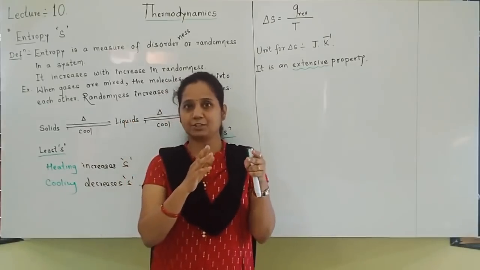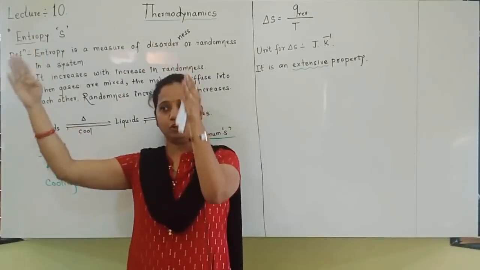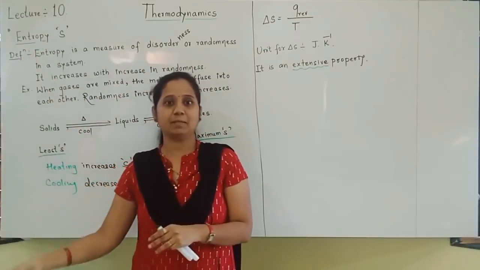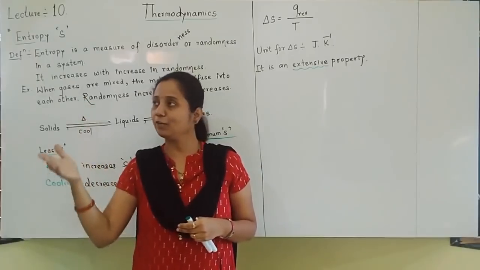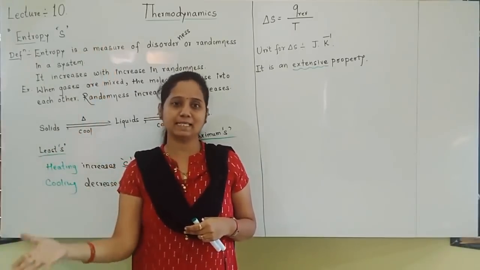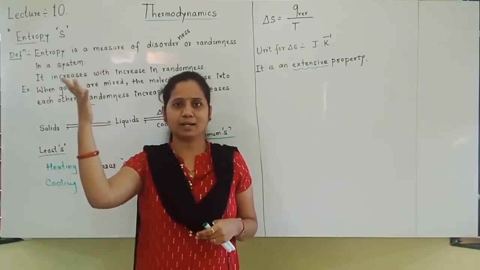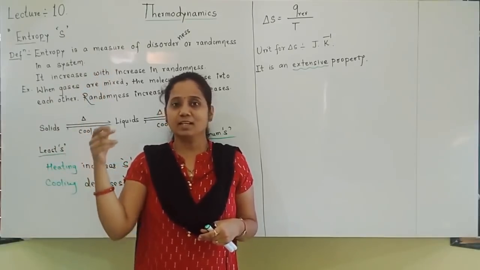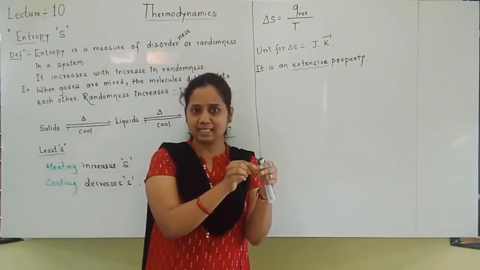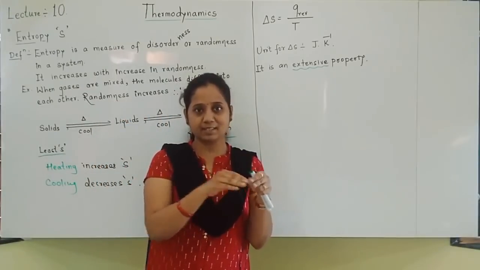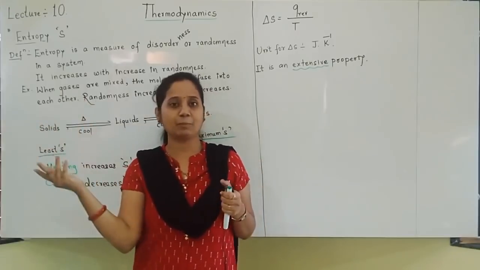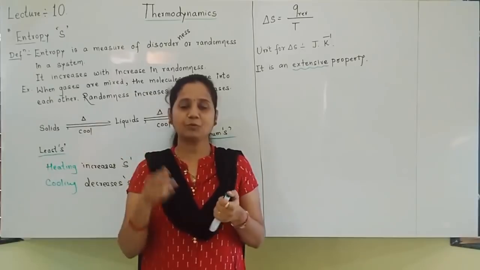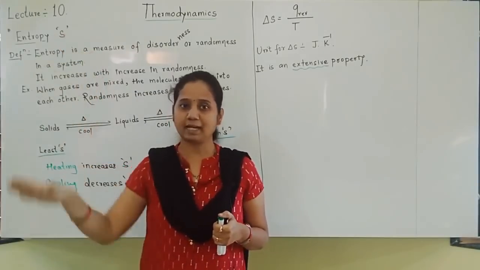But if I take, instead of this ice, one very big cube of ice that is melting now, then you can see that such a big ice is melting, so again disorderness or entropy is more, because the less the amount, the less the entropy. As amount increases, entropy also increases, randomness increases. Okay, so you can see more randomness.